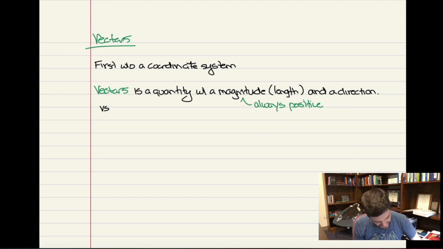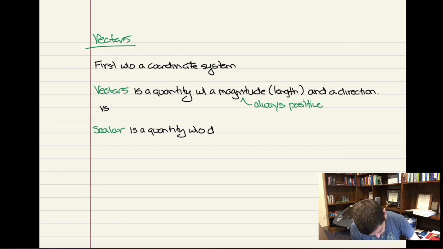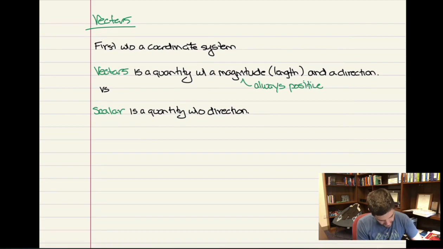And this is in contrast to something that we call a scalar, which is a quantity without direction. So something that might not necessarily have any directionality associated with it.